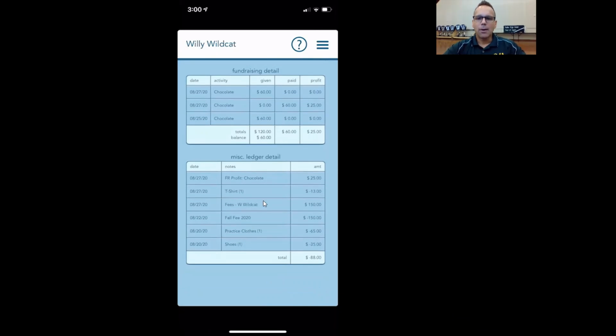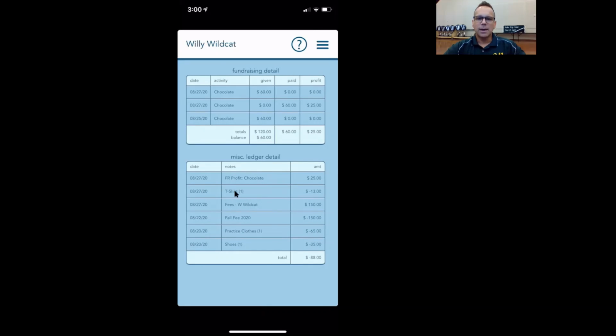So you can see how the shoes were charged on the 20th, $35. Practice clothes were charged on the 20th, $65. The fee was charged on the 22nd, $150. Those are all negative numbers. And the first time there was a payment, it happened on the 27th. What was paid, it was fees, and it was $150.